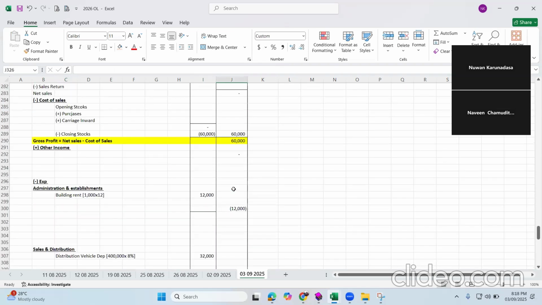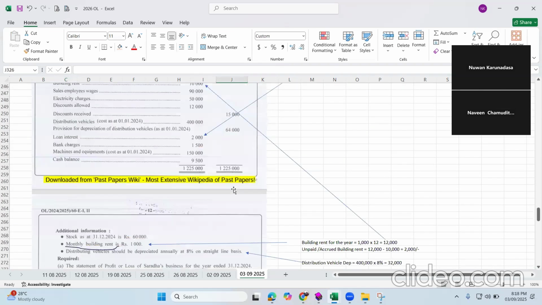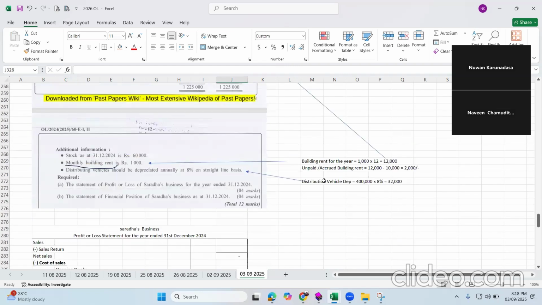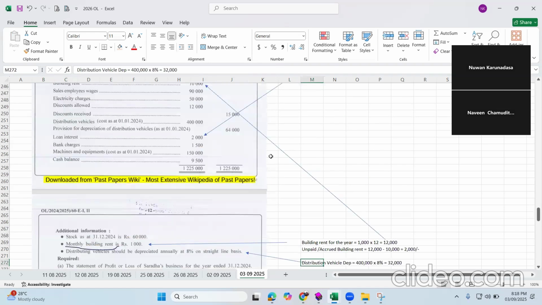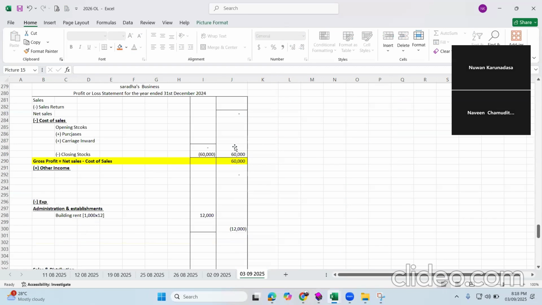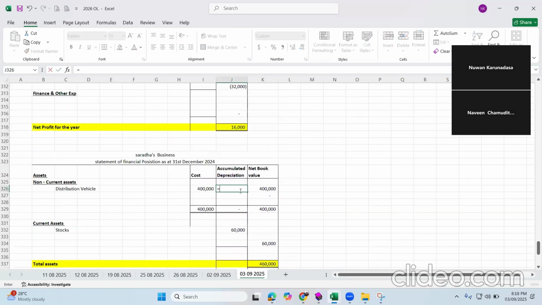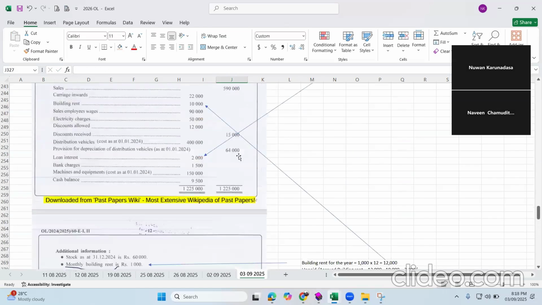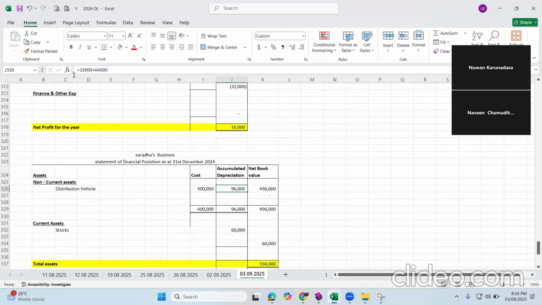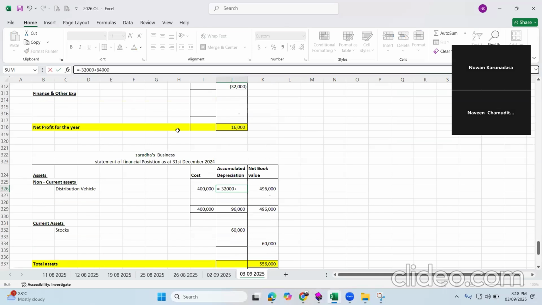Accumulated depreciation means charge for the year plus opening balance. We have already learned it. So charge for the year came 32,000 plus the opening balance. See here, you have an opening balance of 64,000. So 32,000 plus 64,000 altogether 96,000. That is the accumulated depreciation that has to be deducted.